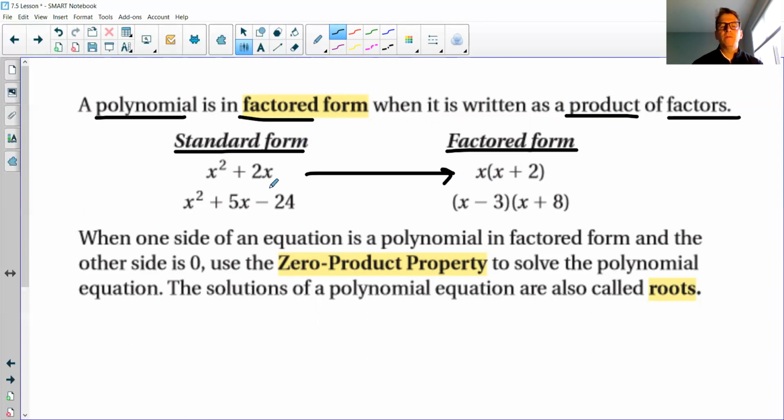The standard form of the second polynomial, x squared plus 5x minus 24, is x minus 3 times x plus 8.